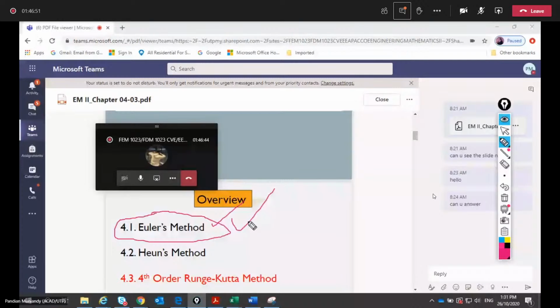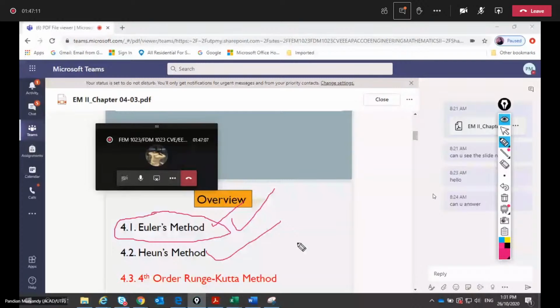Heun's method has 2 steps, predictor and corrector. Of course, it's very hard to memorize the formula, but most of the time the formula will be given. So we want to know how you compute. It's a kind of computational experiment.